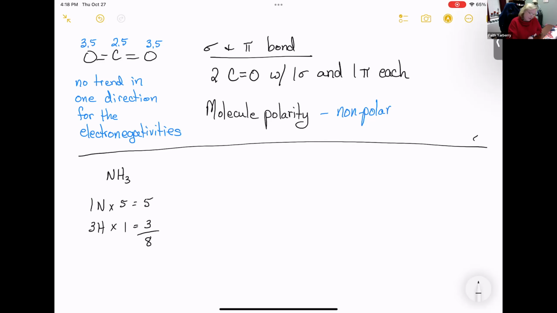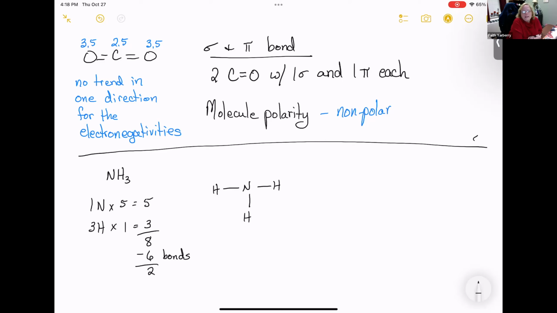Nitrogen is going to be your central atom because hydrogen can never be, around which we'll surround the nitrogen with hydrogens. We then draw a single bond between the nitrogen and the hydrogens, and we subtract 2 for each bond we drew. We drew 3 bonds, so 3 times 2 is 6, so we'll subtract out 6 electrons due to our bonds, leaving us 2 left to go.